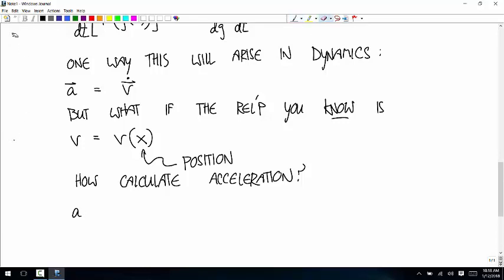But actually, let's write these as vectors. So v is a vector function. Okay, so the acceleration is equal to dv/dt. And using the chain rule, dv/dt is equal to dv/dx times dx/dt.